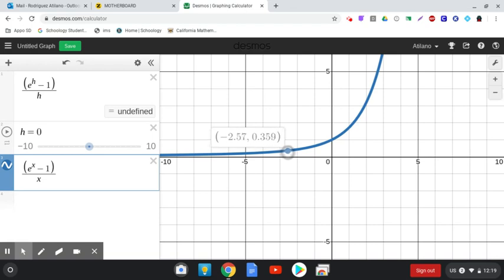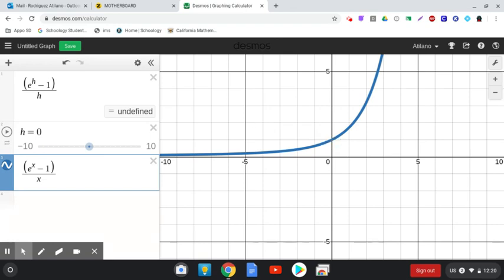As I scroll through and get closer and closer to x equals 0, notice the y values get closer and closer to 1 from the left side. I do the same thing coming in from the right side. Closer, closer, closer to 1.